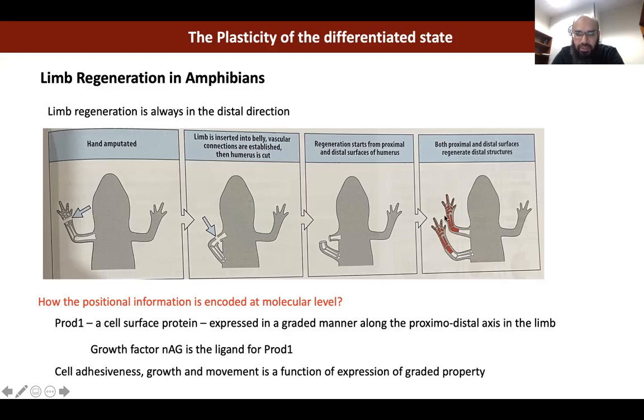So this PROD1 is expressed in this graded manner, and it determines its intensity increases or decreases. Let me see. PROD1.